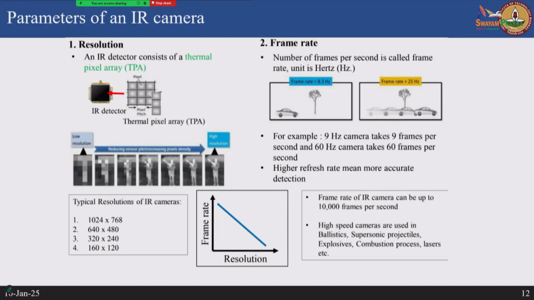Okay. So, there are some parameters of the IR camera that you should know, because when you buy them you will definitely be giving the specifications to the vendor. For example, resolution. The resolution tells you how many pixels are basically covering the entire IR detector. So, it is just like any camera resolution. If you have the camera sensor or detector, how many pixels are basically making up this entire detector.